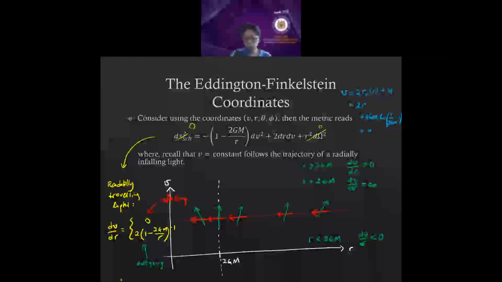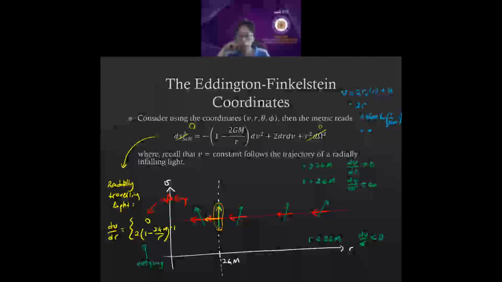So you can see in particular, light that begins on this r equals 2GM surface has only two choices: one, either move towards smaller r, or second, remain at r equals 2GM. It cannot escape to any larger r anymore. And this is the special feature of this metric.